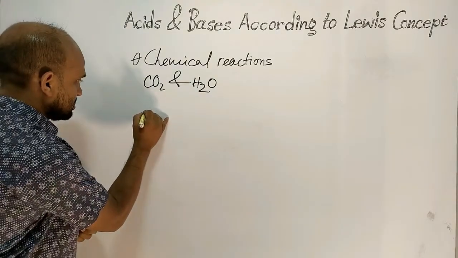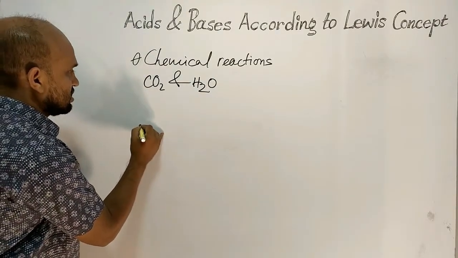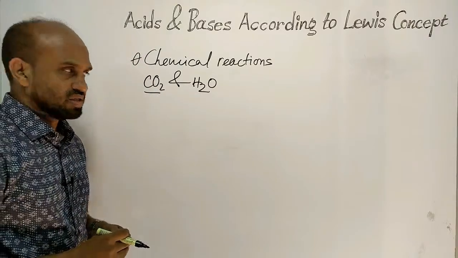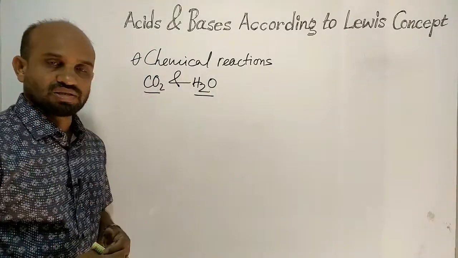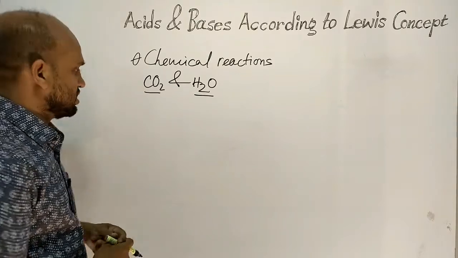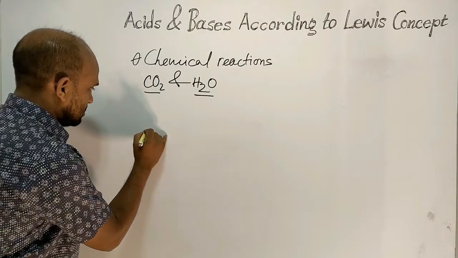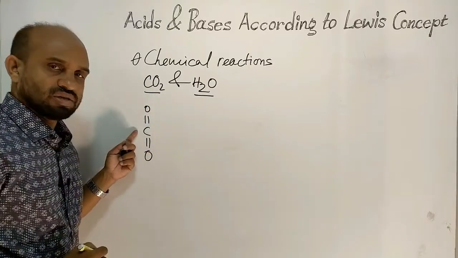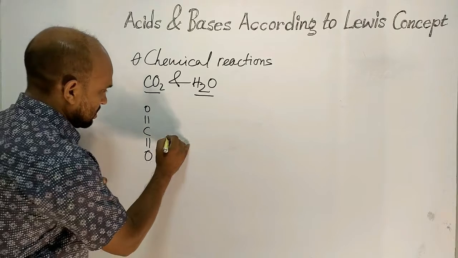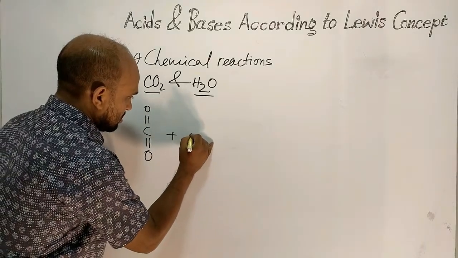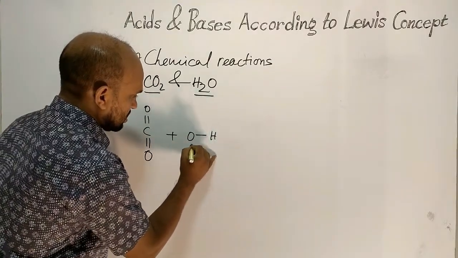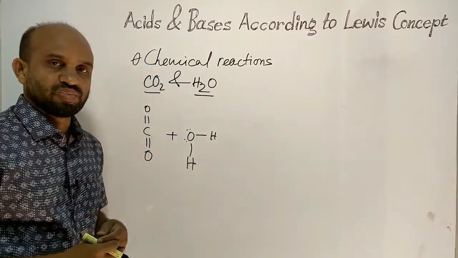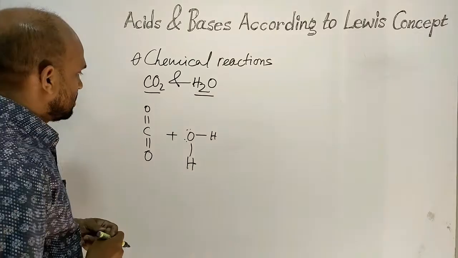When carbon dioxide is added to water, then carbon dioxide acts as Lewis acid and water acts as Lewis base. Let's see. This is the structure formula of carbon dioxide. We can write in this pattern, and this is the structure formula of water. Water has two lone pairs of electrons.